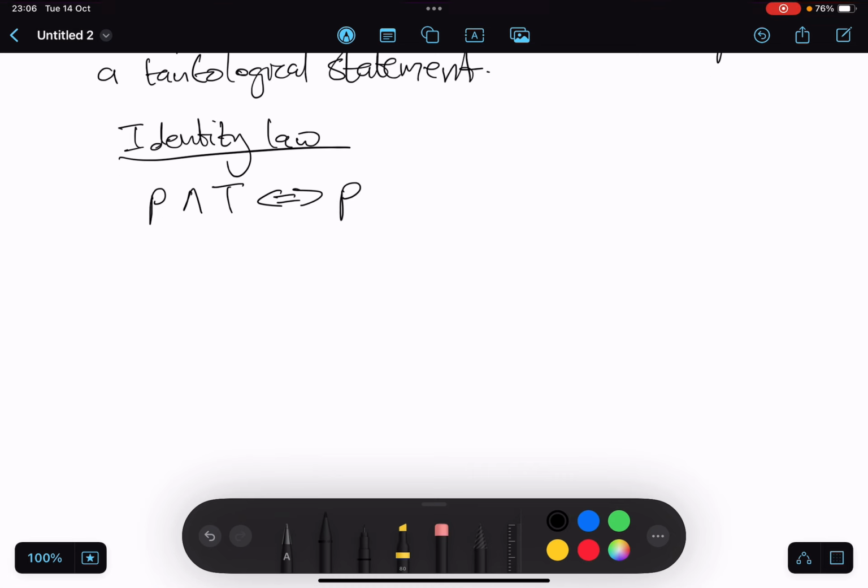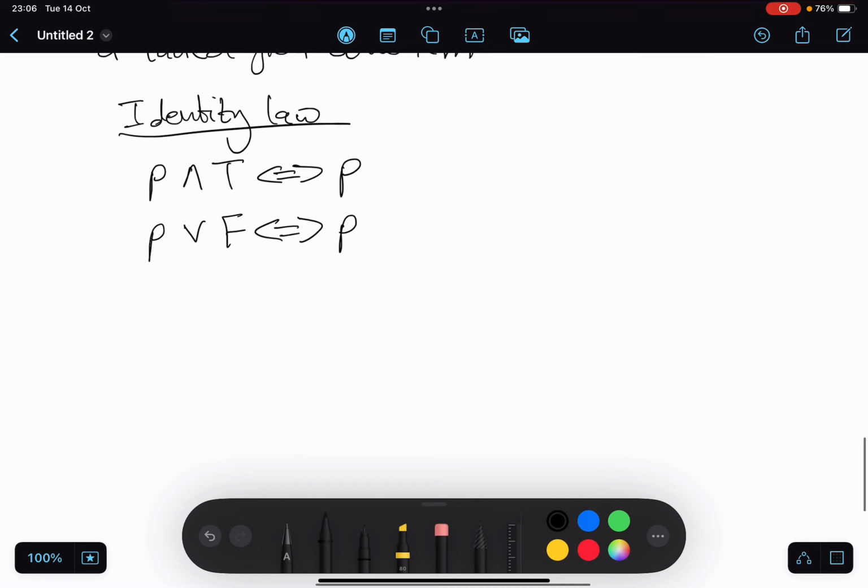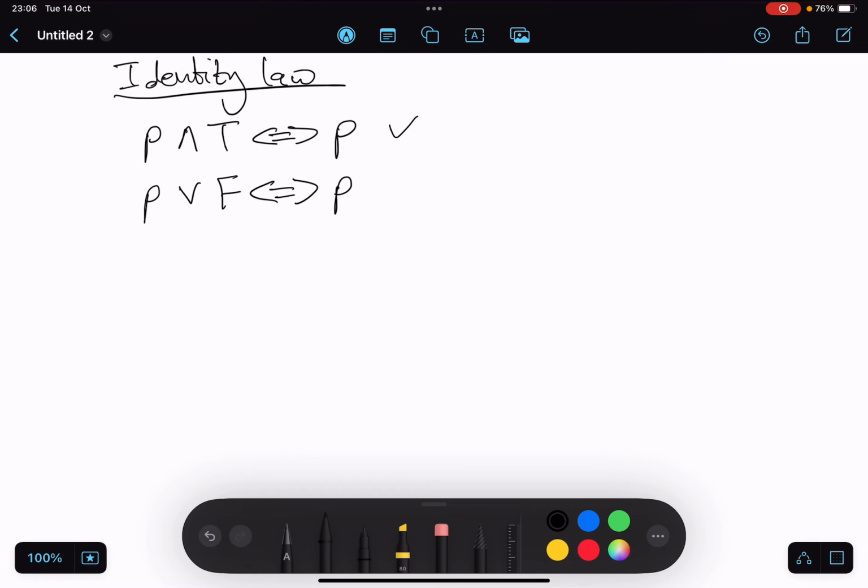And we can also use the disjunction operator: the statement or a false statement is logically equivalent to what? To the statement itself. So this is the identity law, which we can also use to simplify a compound proposition.